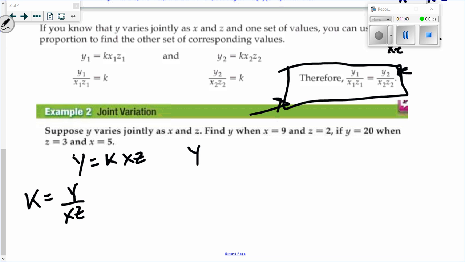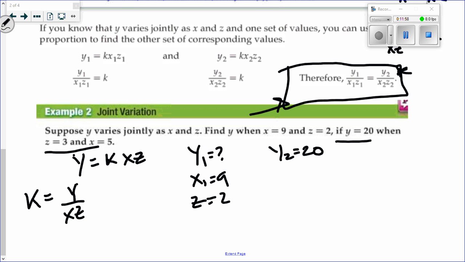So we want to find y when x is 9, z is 2. If y2 was 20, we're grouping these next three terms here: y2, x2 is 5, z2 is 3.